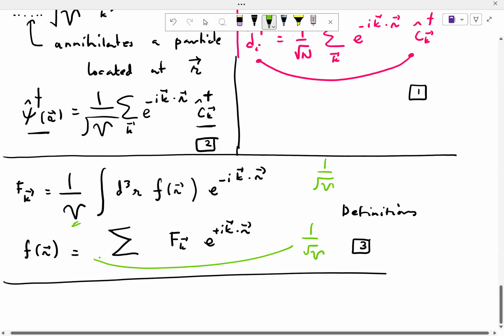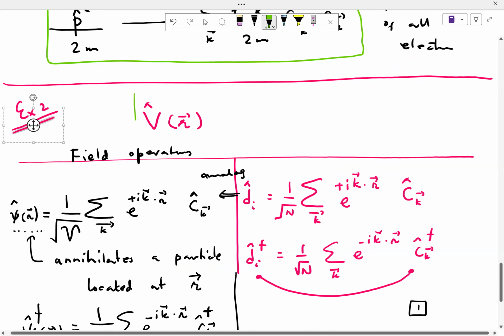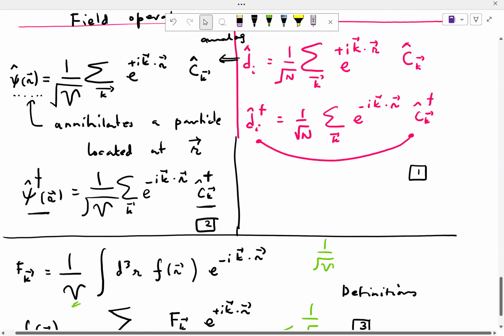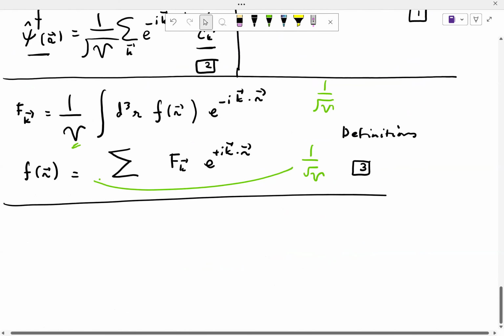So now I come back to my question of expressing this single particle operator, which is now expressed in terms of a position variable, in the second quantization form. So I can actually do that in the following fashion.